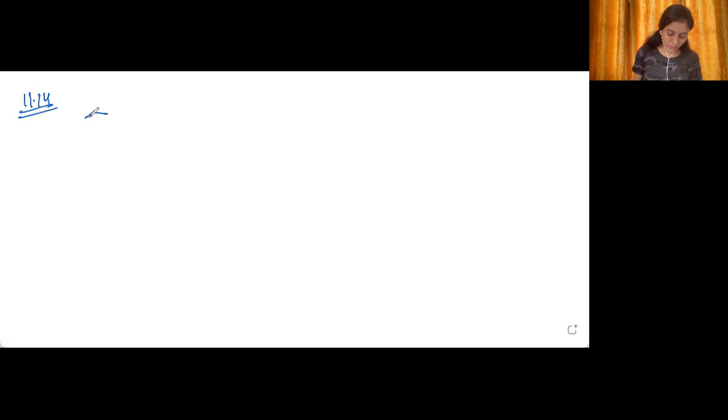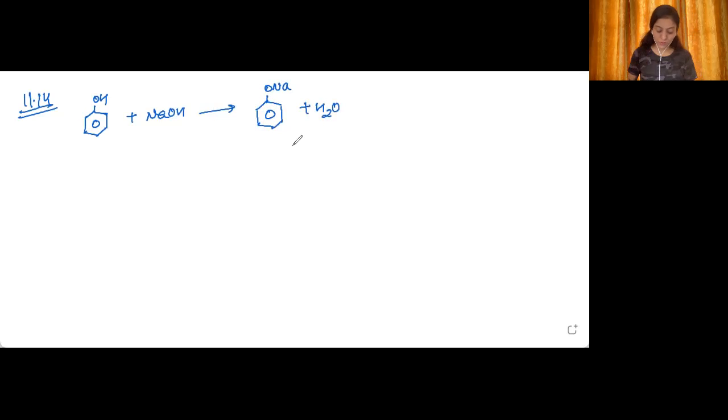Okay, you can take phenol and react it with NaOH, that is the base. So it will lead to the formation of sodium phenoxide plus water. So this is one reaction which is showing the acidic behavior of phenol.